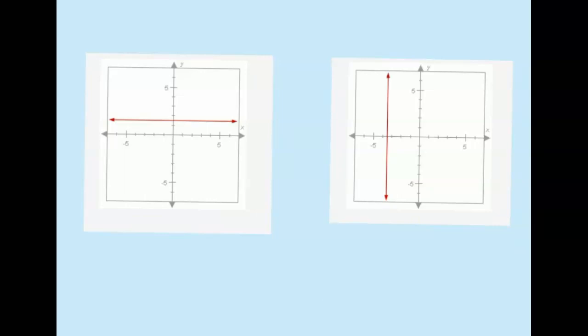So here, let's look at the one on the left hand side first. Here we see that we have a horizontal line. We are using the idea of rise over run. So here we can pick any 2 points here.